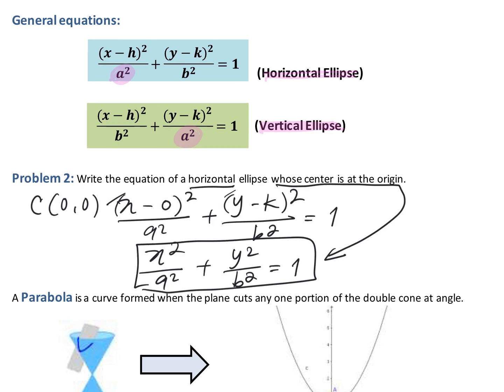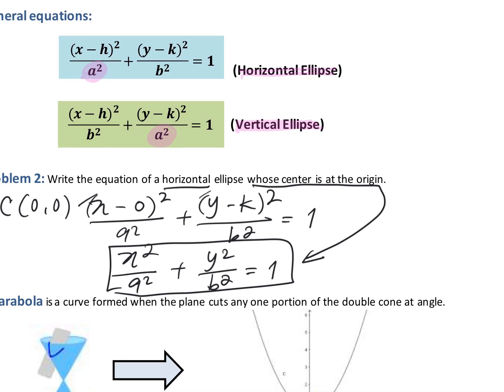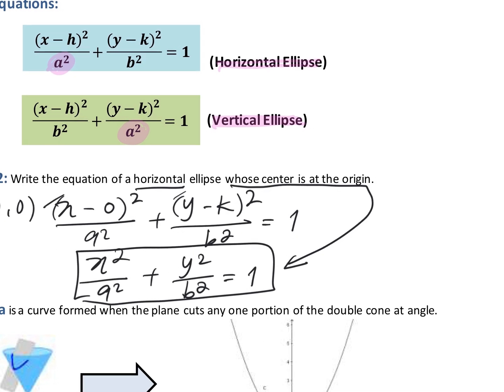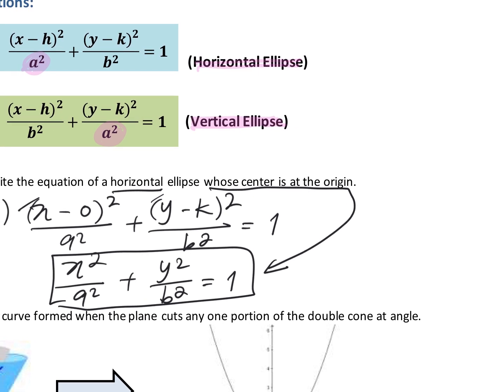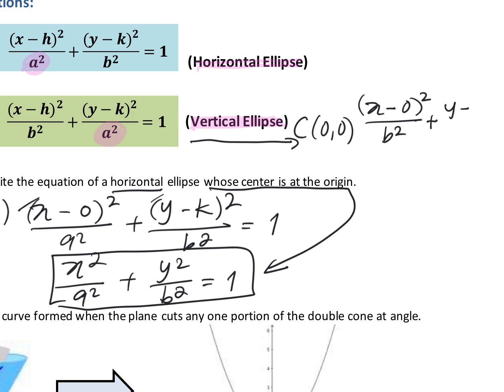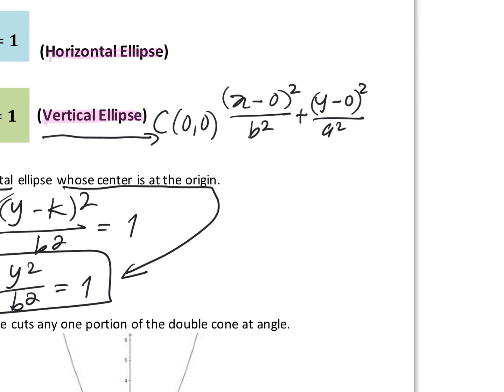Okay, is it also possible to create the vertical ellipse equation with the center (0, 0)? Yes, we can do it. So if we're going to continue from this here, we can say that if the center is (0, 0), then this is going to be (x - 0)^2 / b^2 + (y - 0)^2 / a^2 = 1.